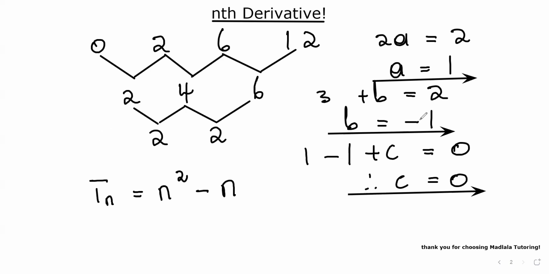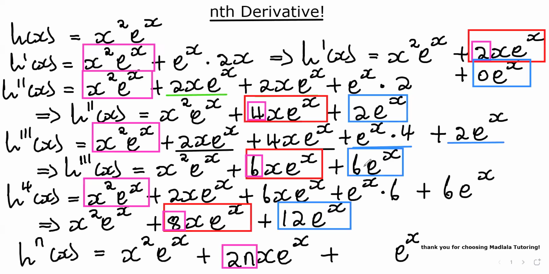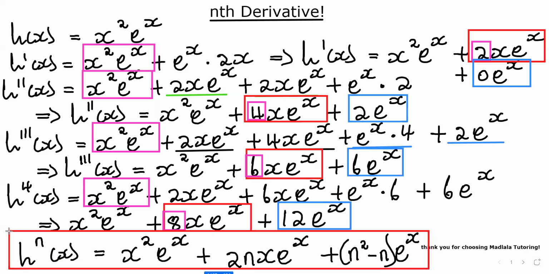So it's the truth. So that's the relationship between the coefficients of e to the x. In other words, you're simply going to say, here we have n squared minus n, multiplied by e to the x. And this will just be your nth derivative of h.